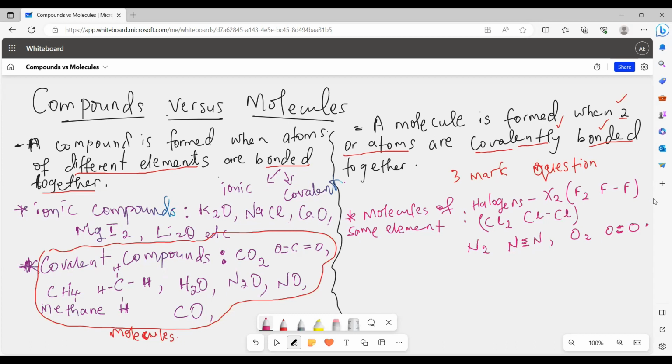The next is molecules of different elements.